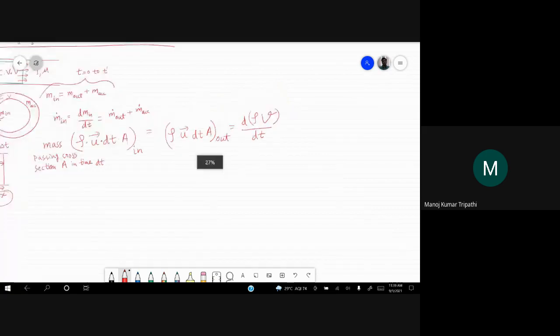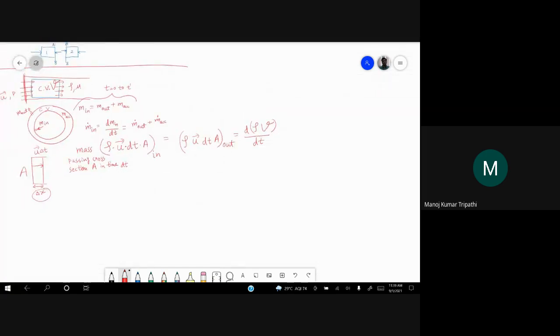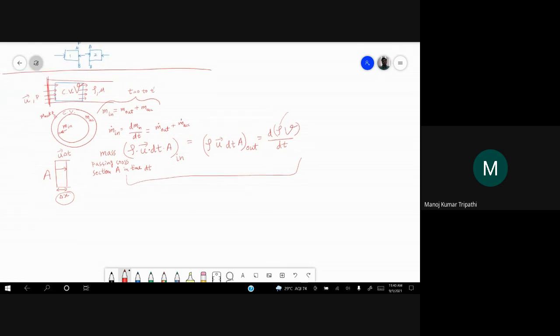Now you can see some problem here. The problem being that the density can vary inside the control volume itself. It can be a function of space. So what we need to do to write this equation accurately is that we need to write it for a point, a mathematical point, or a control volume which is very, very small, so that the density does not change in space.